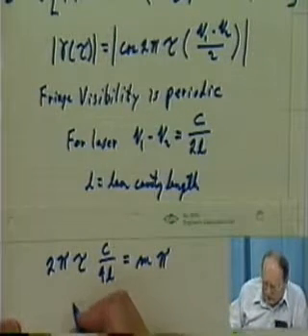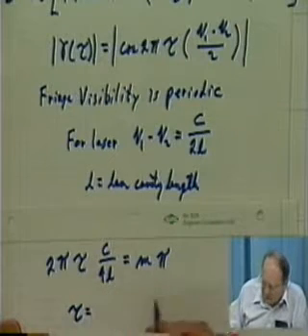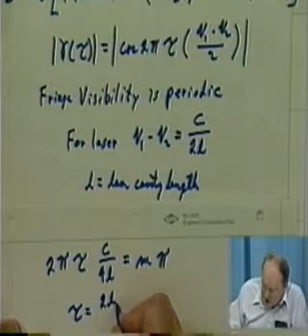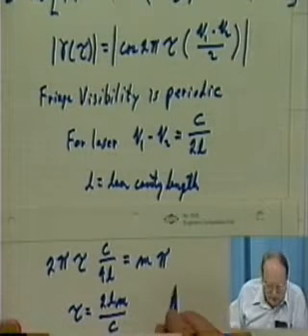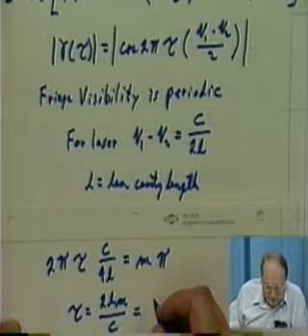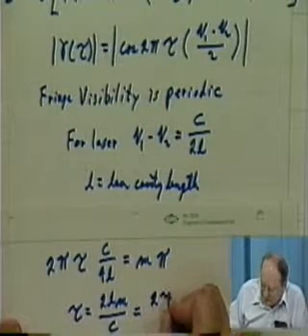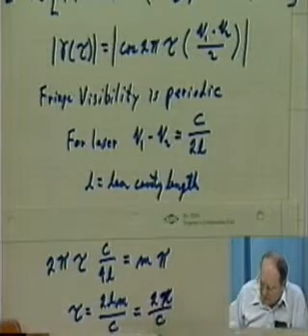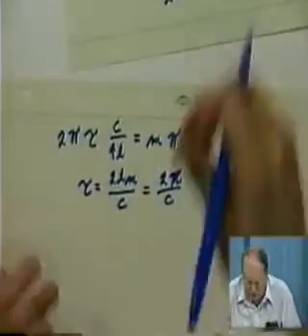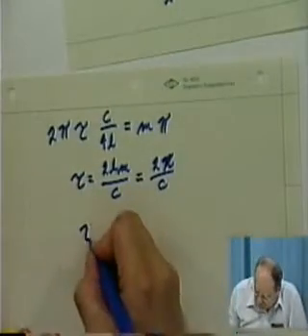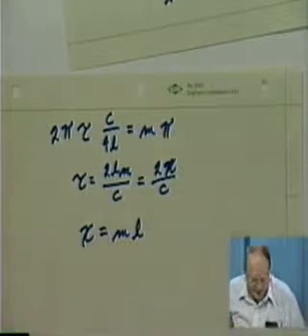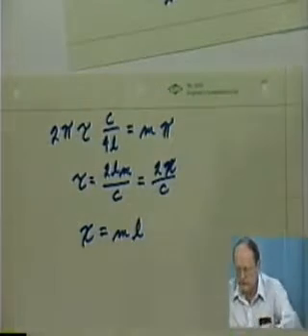And so then solving for tau, we have tau is 2L m over c. And that's equal to 2x over c, the way we define tau. And so we're going to get a maximum in the fringe contrast whenever x is equal to an integer times the laser cavity length.